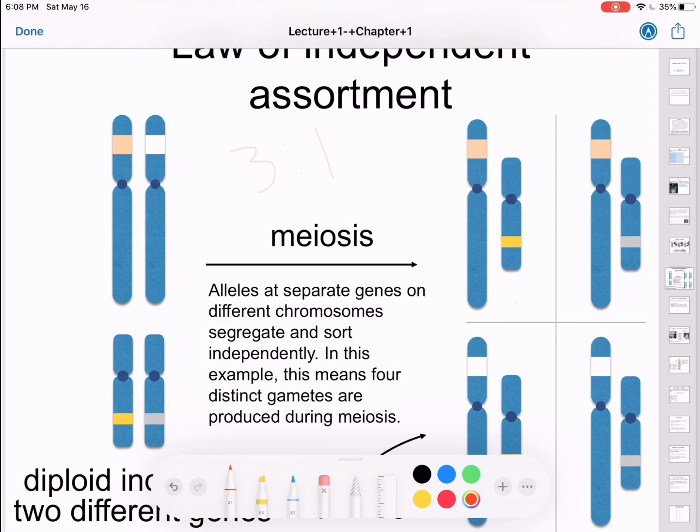The other one is the law of independent assortment, in which you can think of a dihybrid cross, in which 2 traits are being observed. And when a dihybrid parent self-fertilizes, it can lead to the phenotypic ratio of 9 to 3 to 3 to 1.